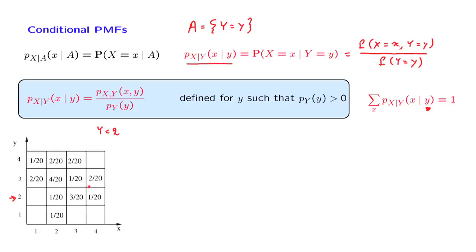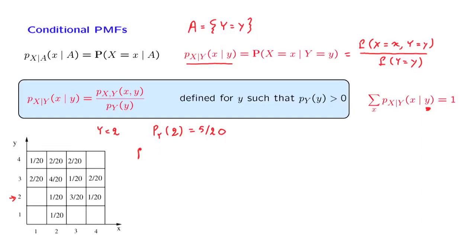We need to know the value of the marginal at this point. So we start by calculating the probability of y at value 2. And this is found by adding the entries in this row of the table. And we find that this is 5/20. Then we can start calculating entries of the conditional PMF.